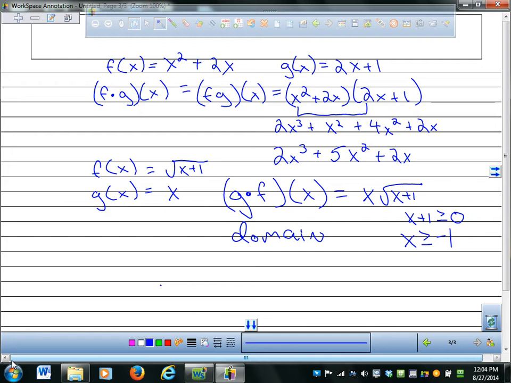Let's do this one. What is f over g of x for the same two functions? What would that look like? Just the same, square root of x plus 1 over x. What's the domain of that function?